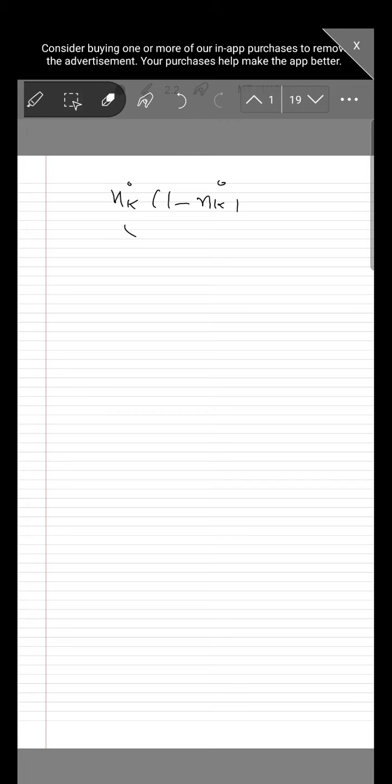A new factor is introduced, that is given as n k0 times 1 minus n k0 dash, and this is nothing but the probability of occupation of the state k.